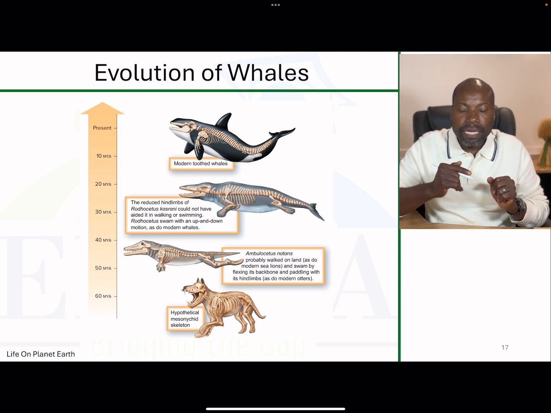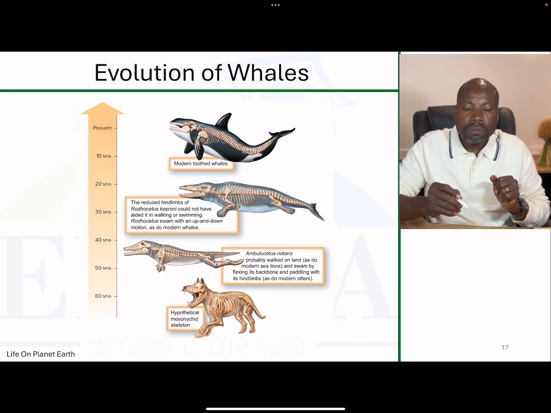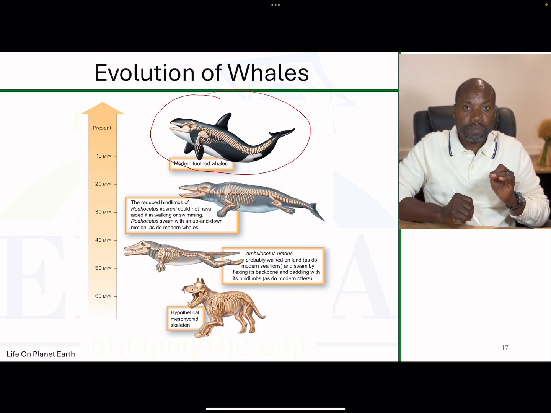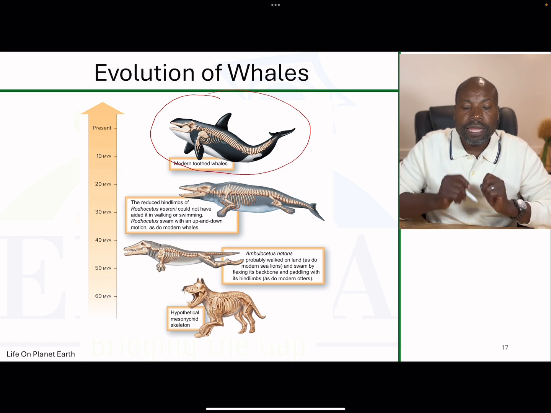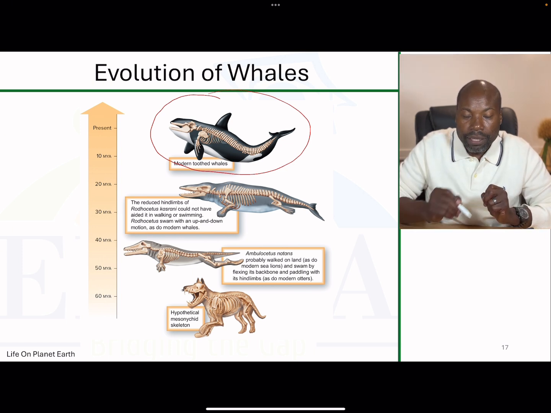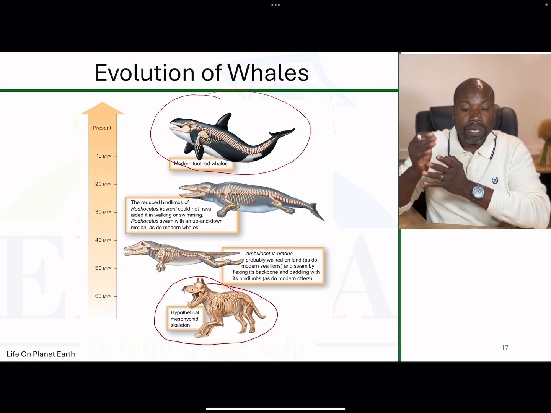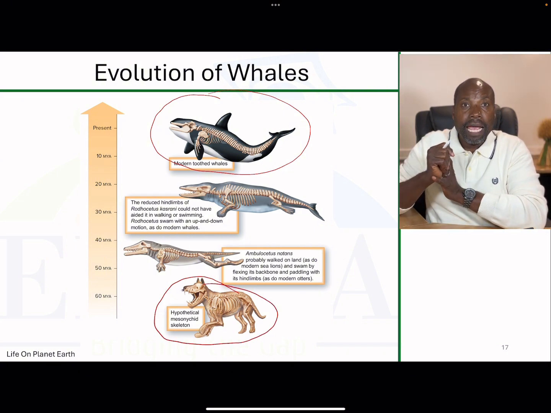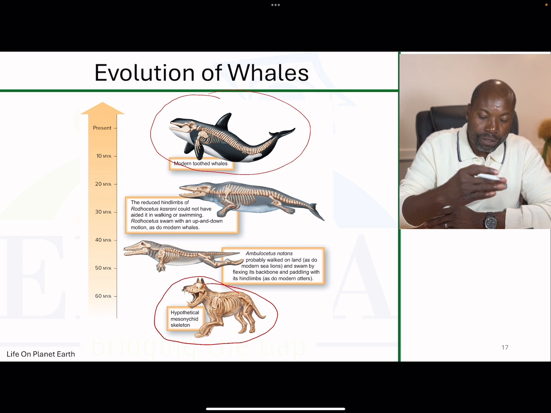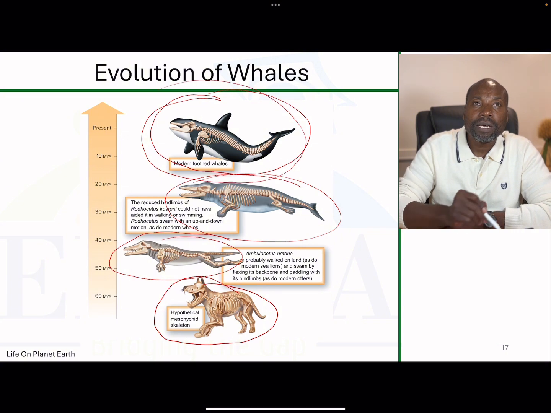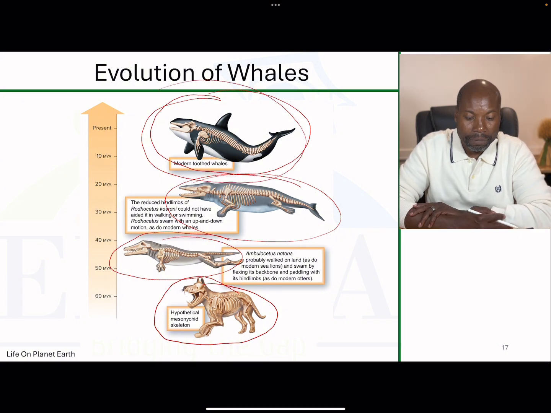Now, interestingly, for organisms such as this whale here, it is believed that this organism actually evolved from a mammal that was living on dry land and did the reverse, went back to the water to be completely water dependent.